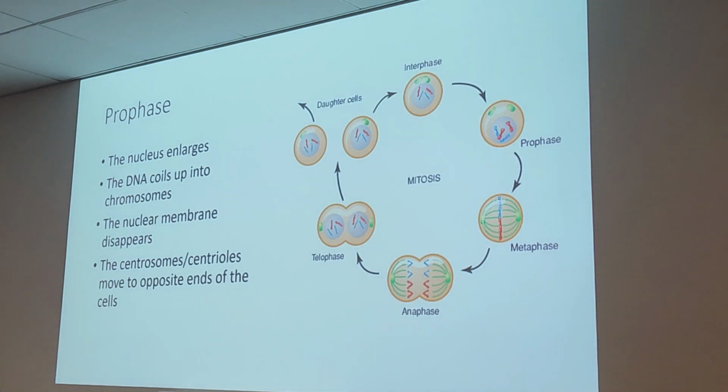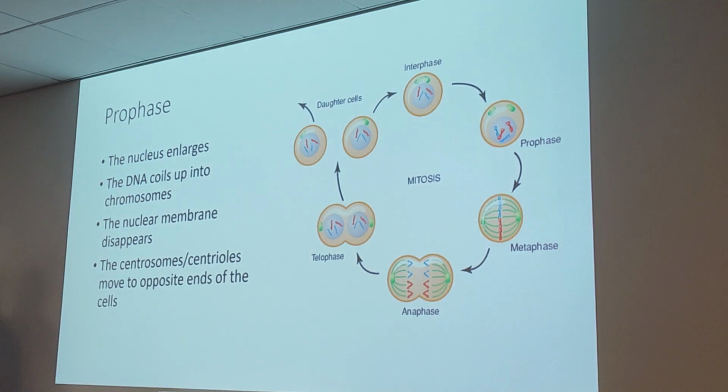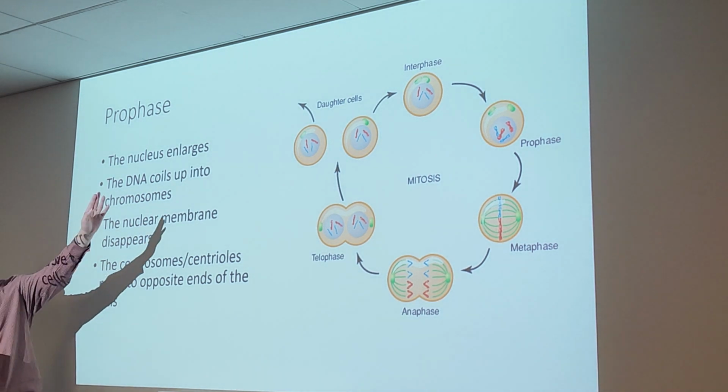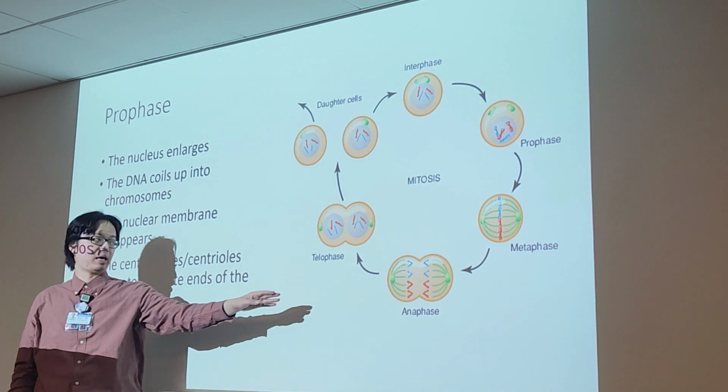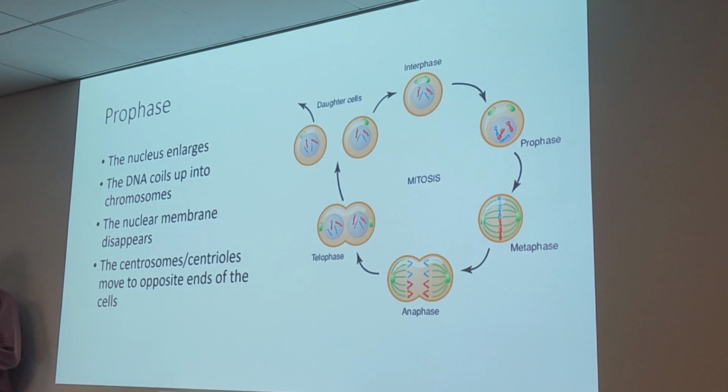All right. So when the cell is ready to divide, when we're ready for mitosis, we have 4 more phases to look at. They are prophase, metaphase, anaphase, and telophase. So these 4 phases make up the mitosis phase of cell division.